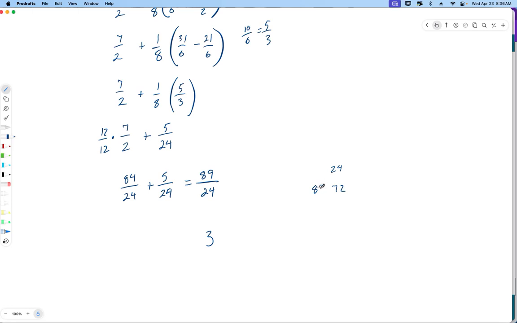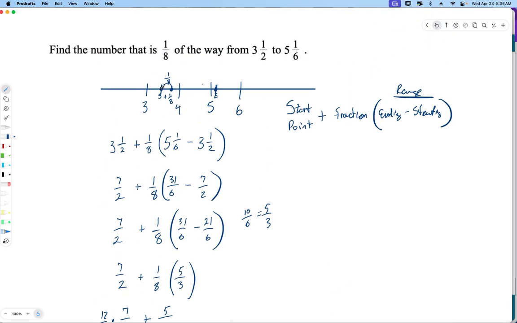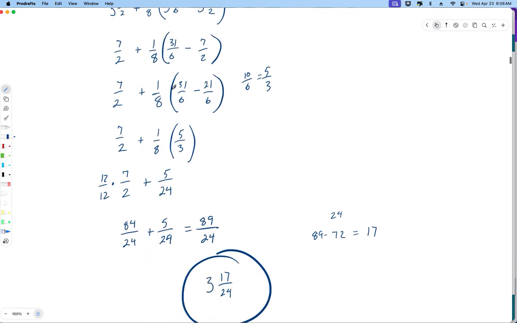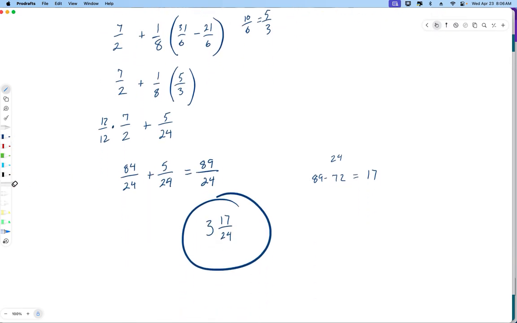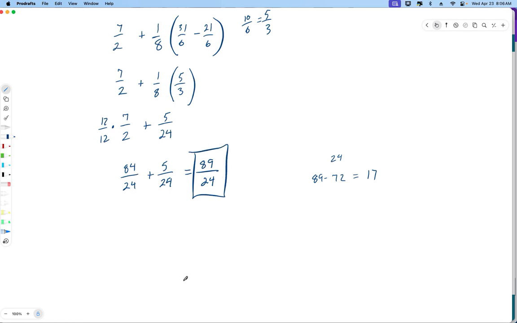So 89 minus 72 is going to be equal to 17. So 3, and I already wrote the 3. 17 over 24. That is the point in which it's 1/8. So 3 and 17 over 24. But the answer that we want you to type in the system is going to be the improper fraction every single time. Okay?